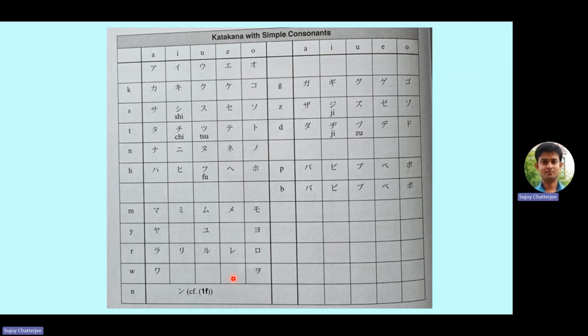This is the katakana with simple consonants. So the structure is the same. Here you have to practice a lot to remember the characters, because katakana is a little more difficult to remember than hiragana. The reason is that although katakana has very straightforward characters, when you try to memorize them, it is more difficult than hiragana.